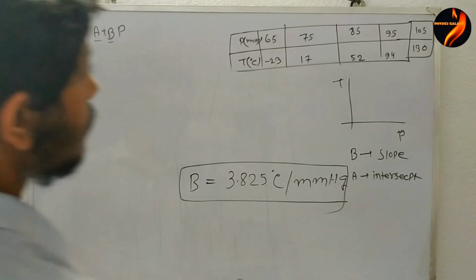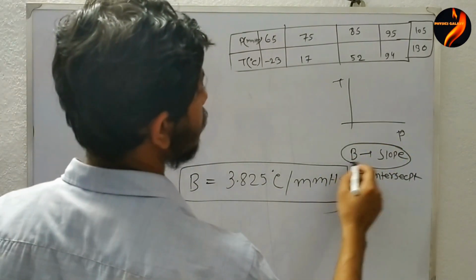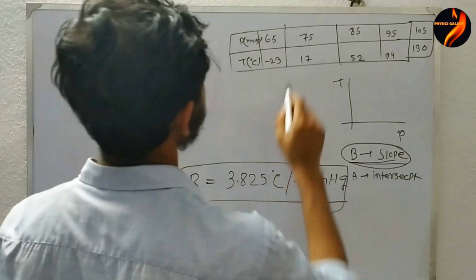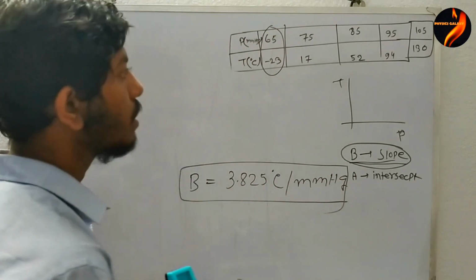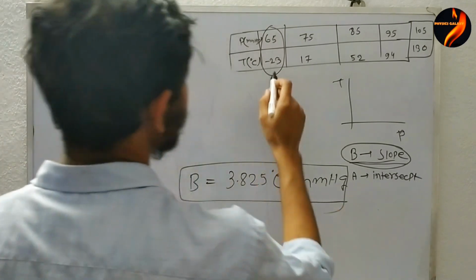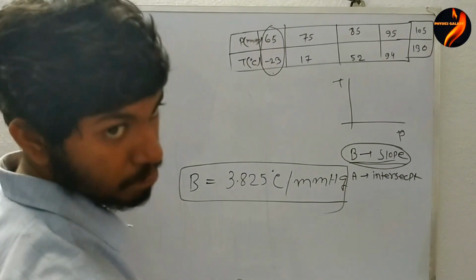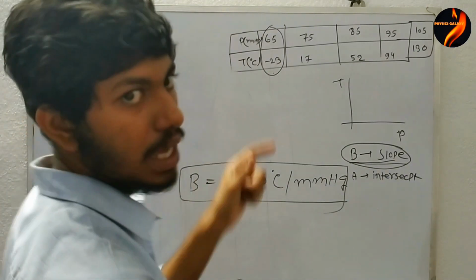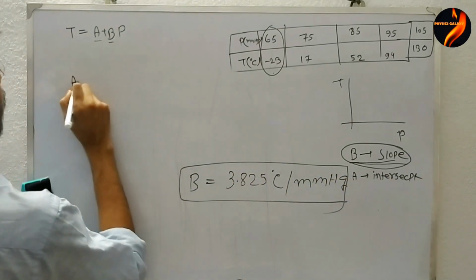Now we have the slope, and for a given slope and a given point, we get a straight line, and we can calculate the intercept of this. So for each point we get a value of A, and after that I have to take the average of all these A values.